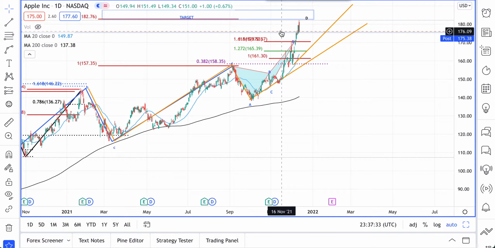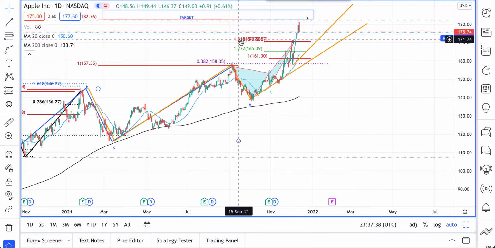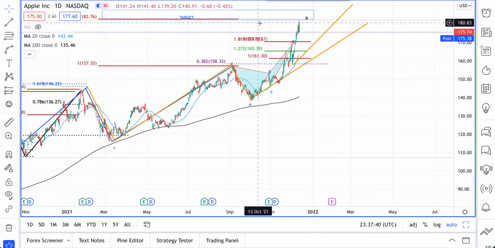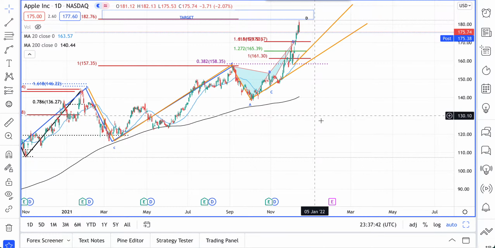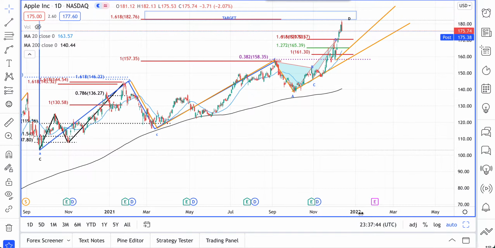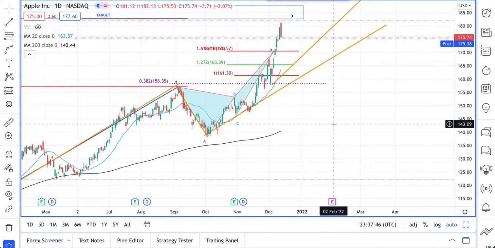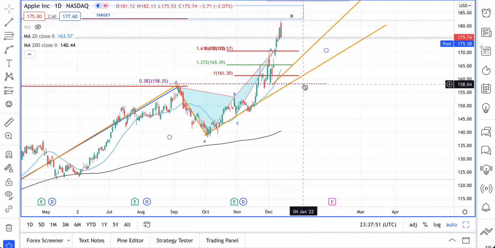When we made the video, Apple had actually reached this level of 1.618 Fibonacci expansion of this point, and pulled back here. At that point we discussed two scenarios for the pullback.